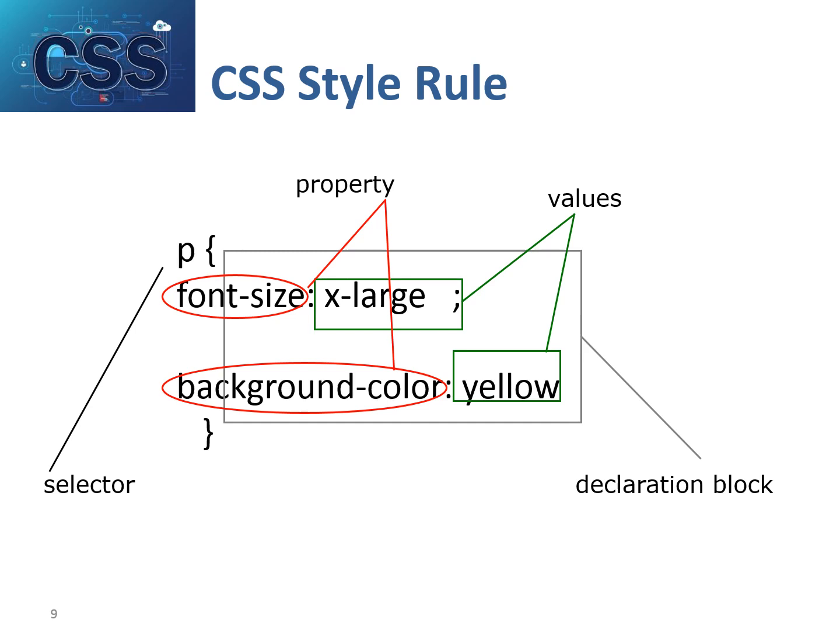Then a semicolon is there. After that, another property is background color. The value taken by the property is yellow. So here P is the selector, font size and background color are the properties, and x-large and yellow are the values. So this paragraph is styled with two property values, font size and background color.